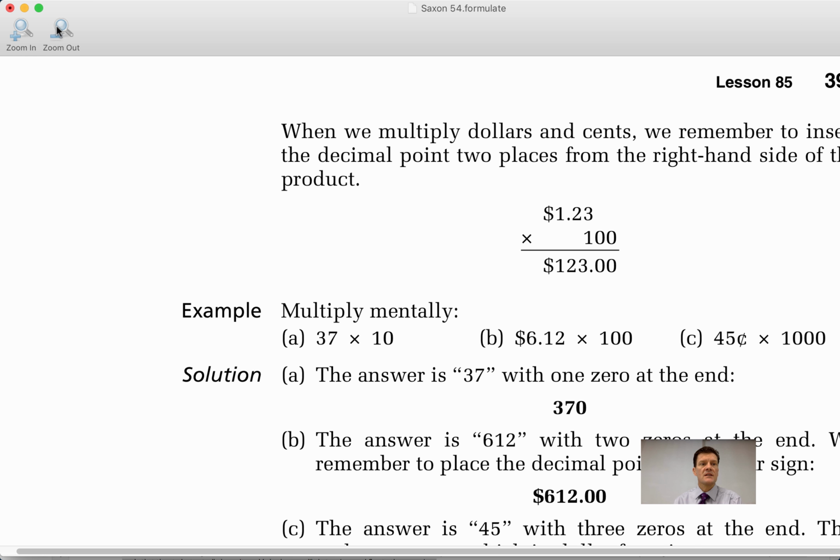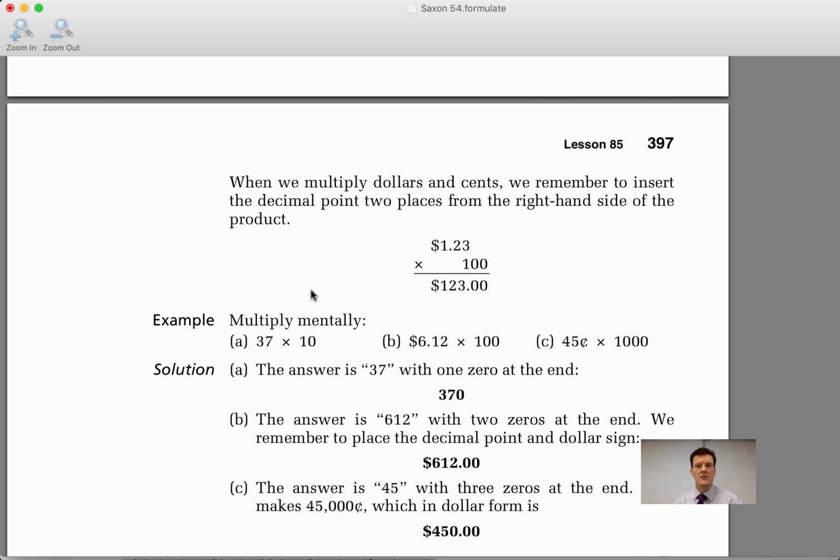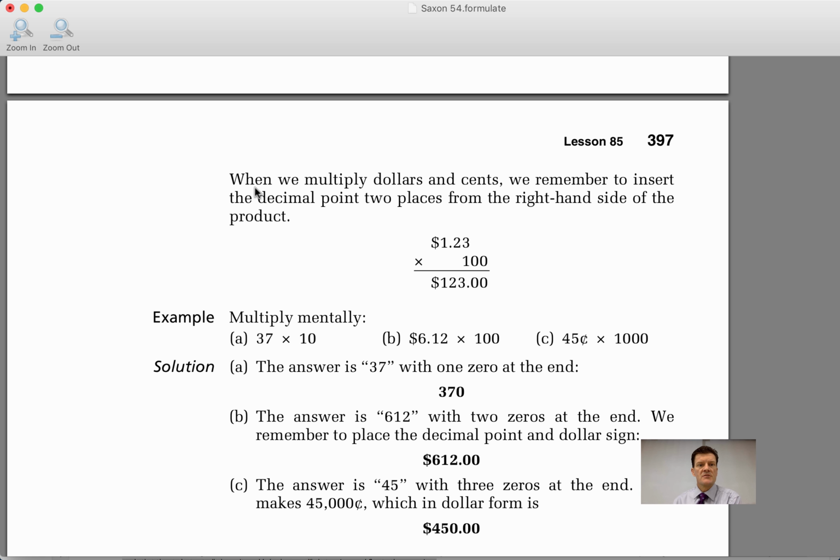Let's look at some example problems here. It says right here, when we multiply dollars and cents, we remember to insert the decimal point 2 places from the right-hand side of the product.